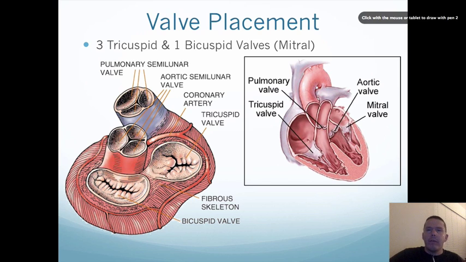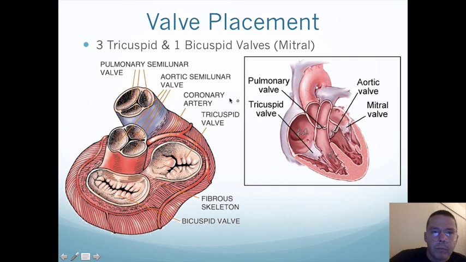So, the 4 valves that you have, as the blood passes from the right atrium into the right ventricle, you have the tricuspid valve. The tricuspid valve, as you can see, has 3 cusps. It's also right over here.